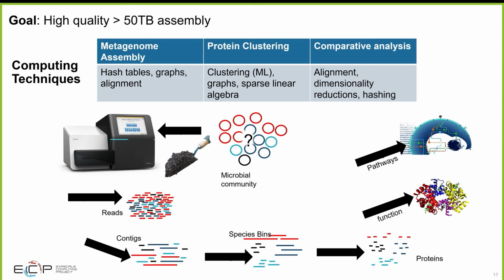The pieces of the puzzle are these initial reads you get from a DNA sequencer. And then from those, you build these things called contigs. The point is, when you put it all together, all the motifs are things that HPC systems were not traditionally optimized for. You have something called de Bruijn graphs, where you have to do searches on de Bruijn graphs. And when you find something, you have to use distributed hash tables.